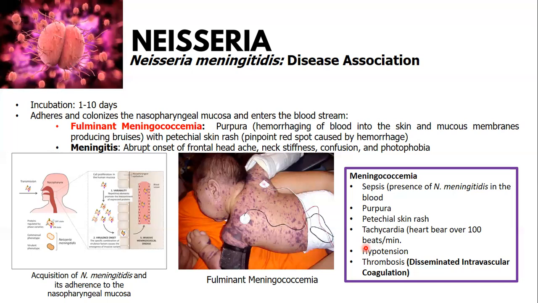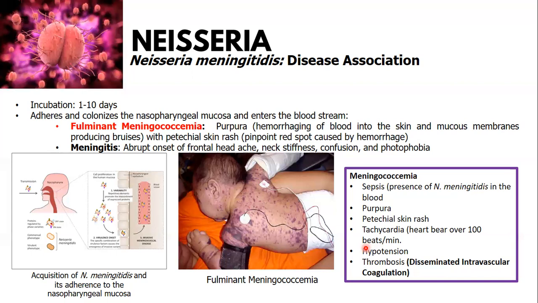And because there is prolonged inflammation and prolonged capillary leakage, there would be thrombosis, also known as disseminated intravascular coagulation. And when fulminant meningococcemia is not treated, it would result in the death of the infected patient.